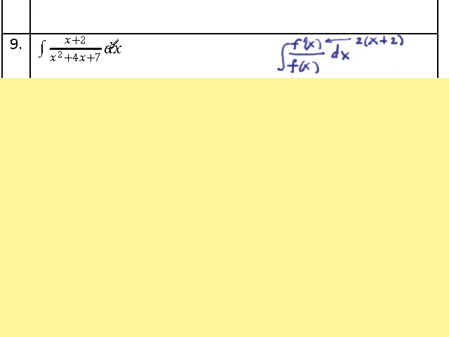All right, so we have the x plus 2 up here, we're just missing the 2. Okay, so we are pretty much in this form. Denominator and the derivative without the 2 in the numerator.